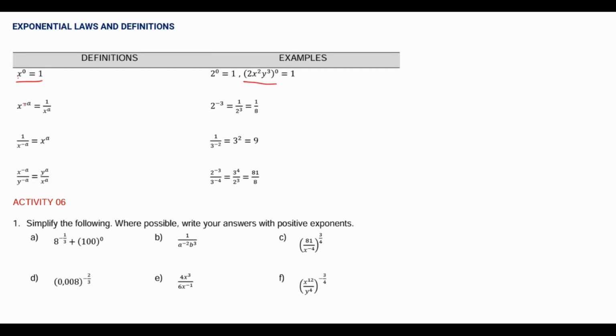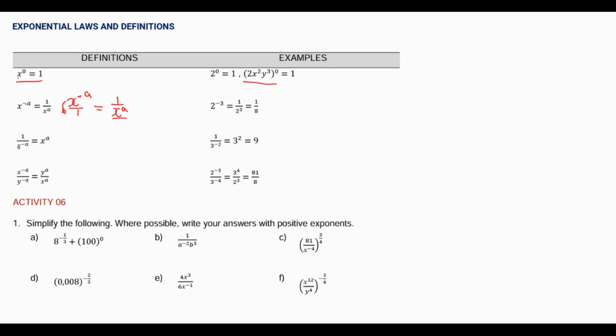And then x to the power negative a. This is the same as x to the power negative a over 1. When we move the power from being the numerator to the denominator, the sign of the exponent changes. So x to the power negative a, if it moves down to become the denominator, it becomes 1 over x to the power a.